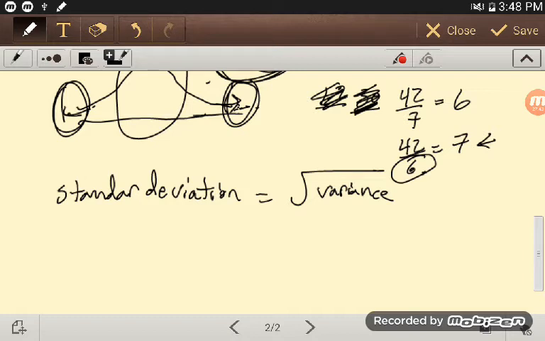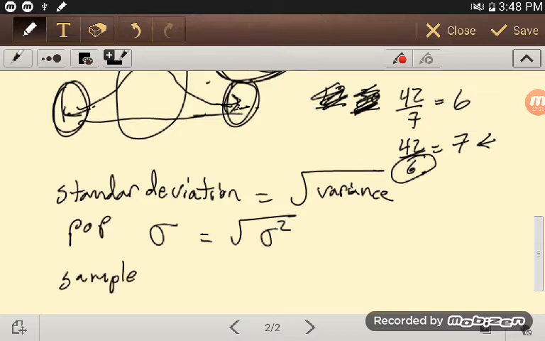If you have a population standard deviation, you would call that sigma, the square root of sigma squared. That is for the population. If you have a sample, then you talk about S as the sample standard deviation, and that would be the square root of S squared. So that's all standard deviation is.